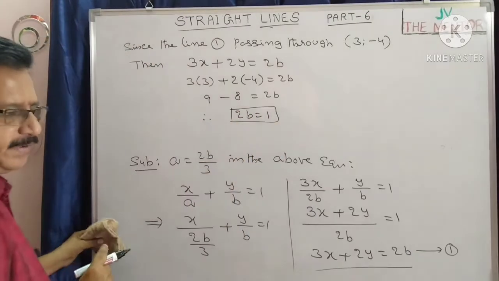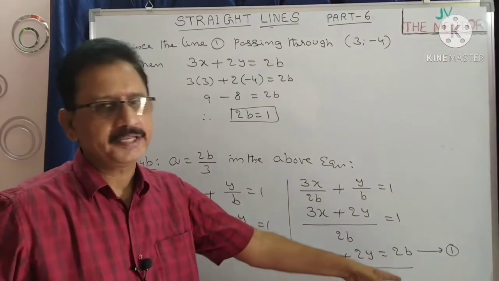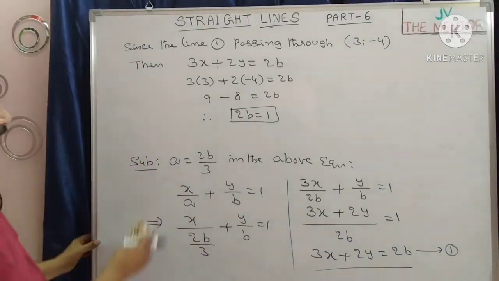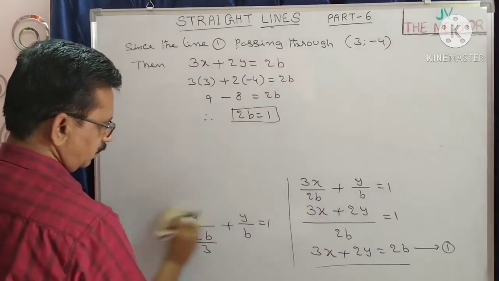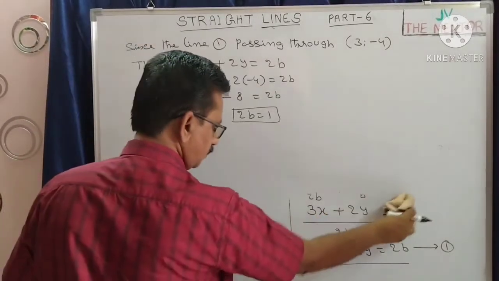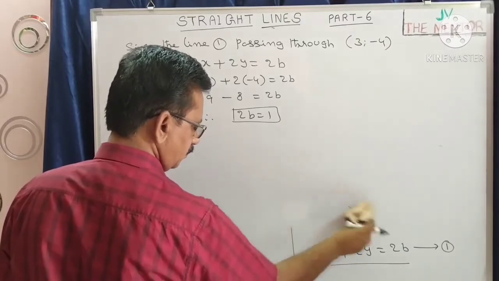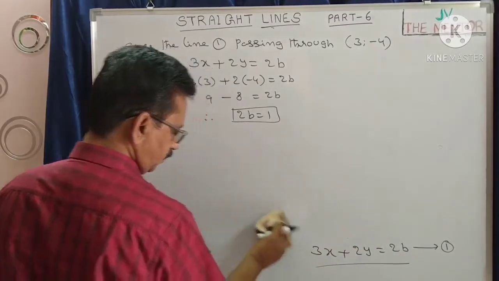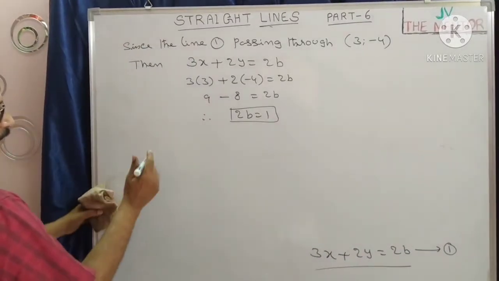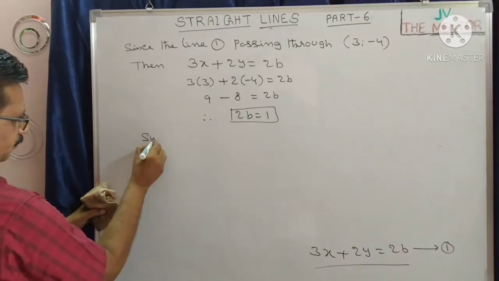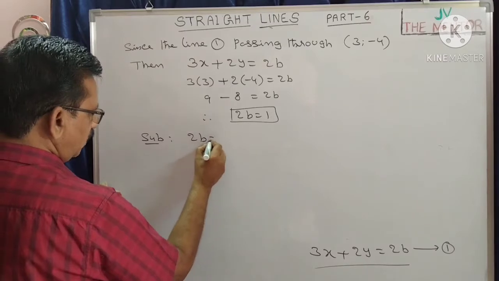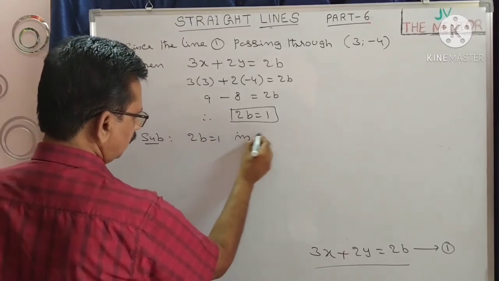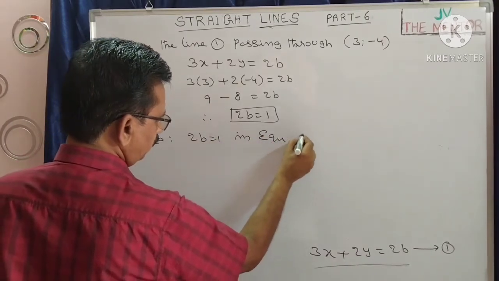Now substitute the value of 2b in equation 1. Therefore, substitute 2b equal to 1 in equation 1.